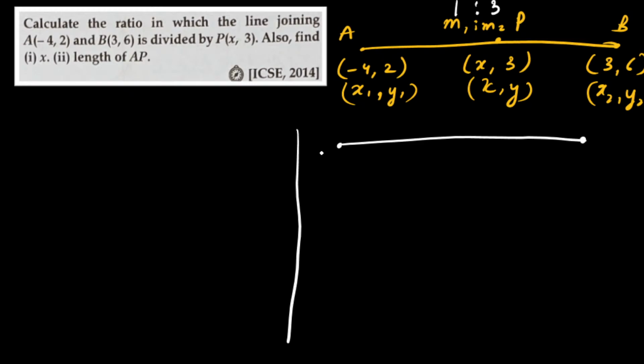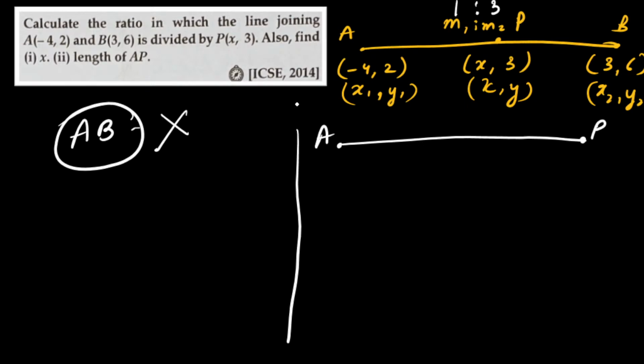So you have to find AP. That means we have to use the coordinates of A and P. Here confusion will be there. Students will find the distance of AB. That is definitely going to happen because I have seen it. So you have to find the distance AP, not AB. So use the coordinates of A as well as P.